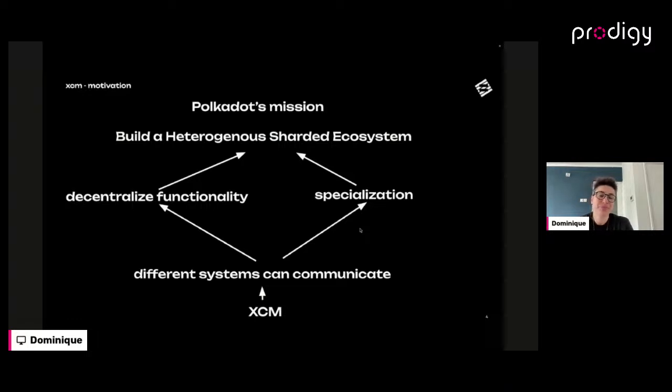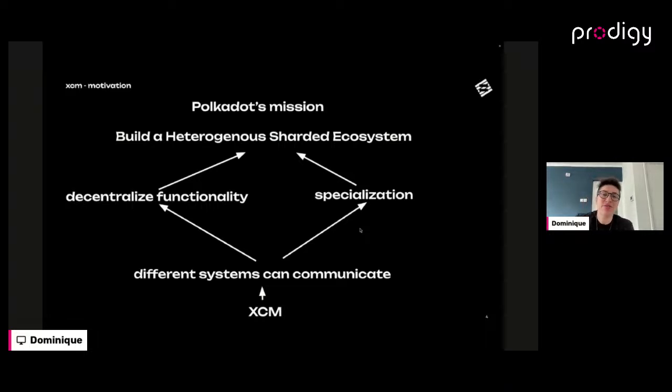And so with XCM, in the second upper layer, we can make different systems communicate with each other. Then we go on the third layer up. If different systems can communicate, then we can take the functionality which is in one chain. Let's say one chain, like a relay chain, has 5 functionalities.